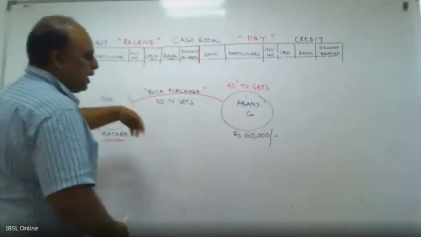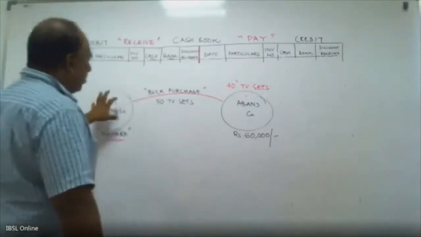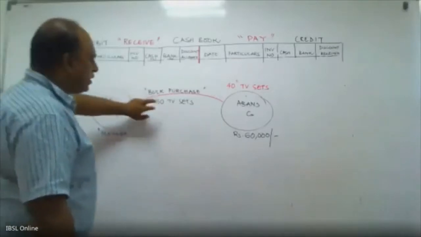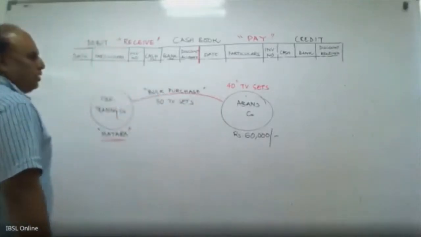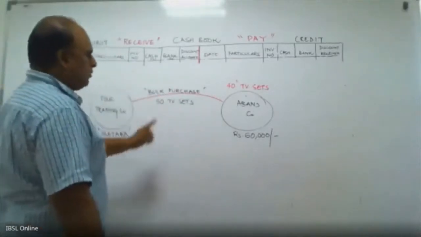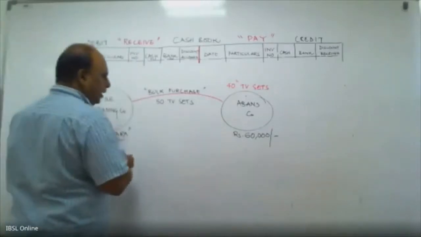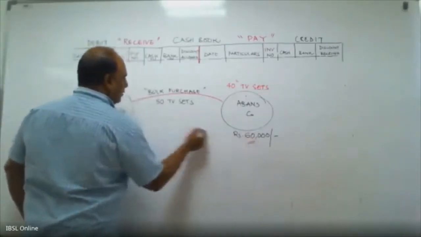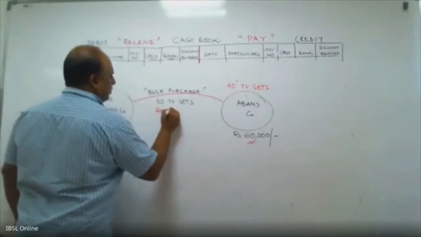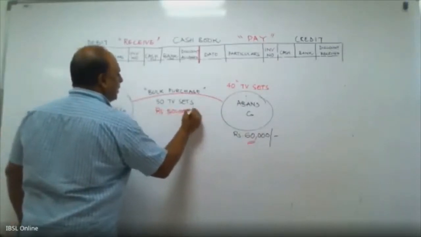So now there is a bargaining. PQR trading says, look, I'm going to purchase 50 TV sets from you, and I want these 50 TV sets to be sold to me at 50,000 each.